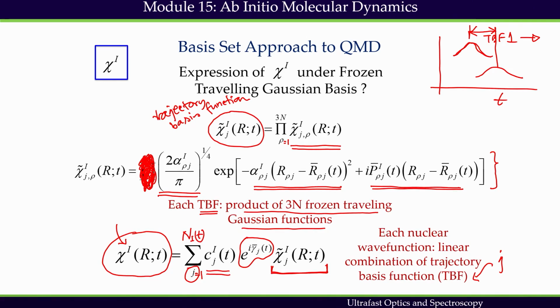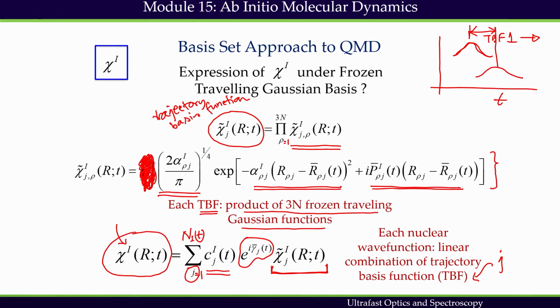The multidimensional traveling frozen Gaussian basis function is called a trajectory basis function. Each trajectory basis function is expressed as a product of one-dimensional Gaussian basis functions, and we have seen what this one-dimensional Gaussian basis function means. Rho represents the 3N Cartesian coordinates of the molecule.